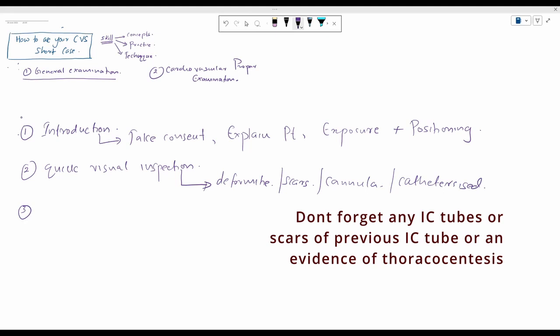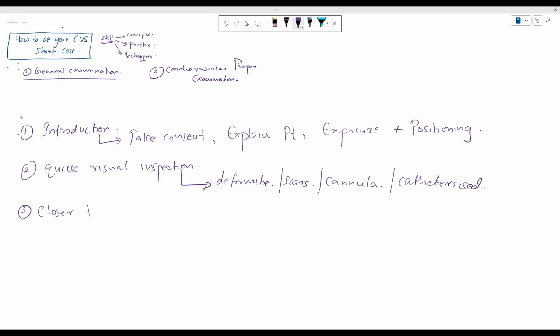Then you get closer to the patient. Here, you first check, is the patient febrile or not? Then, is the patient pale or not?